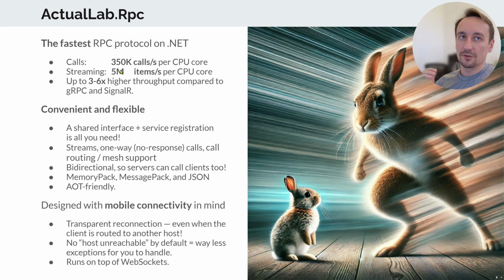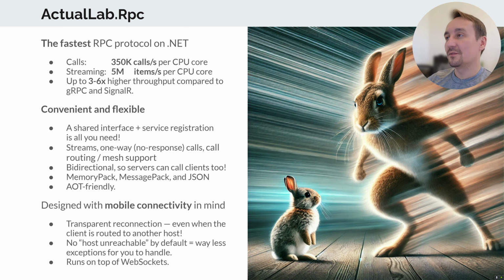First of all, in terms of calls, per single core, your server can process around 350,000 calls per second per core. It's an extremely high number.